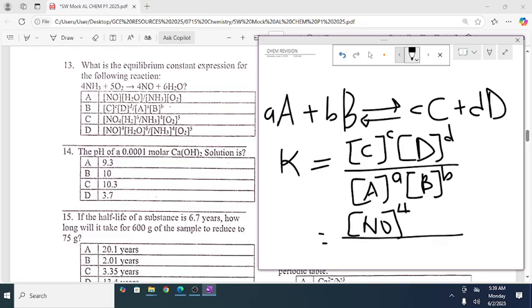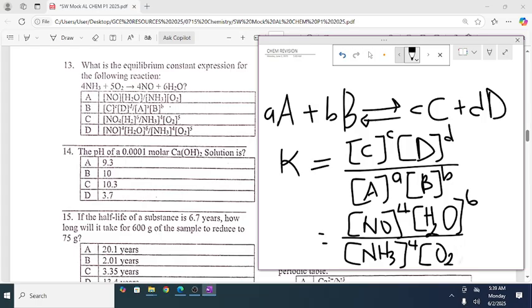The answer is D, because it's only D that has the concentration of nitrogen monoxide raised to the power 4. But if you want to conclude this, you have to write concentration of water raised to the power 6, divided by concentration of ammonia, NH3, raised to the power 4, times concentration of oxygen gas, everything at equilibrium, raised to the power 5.